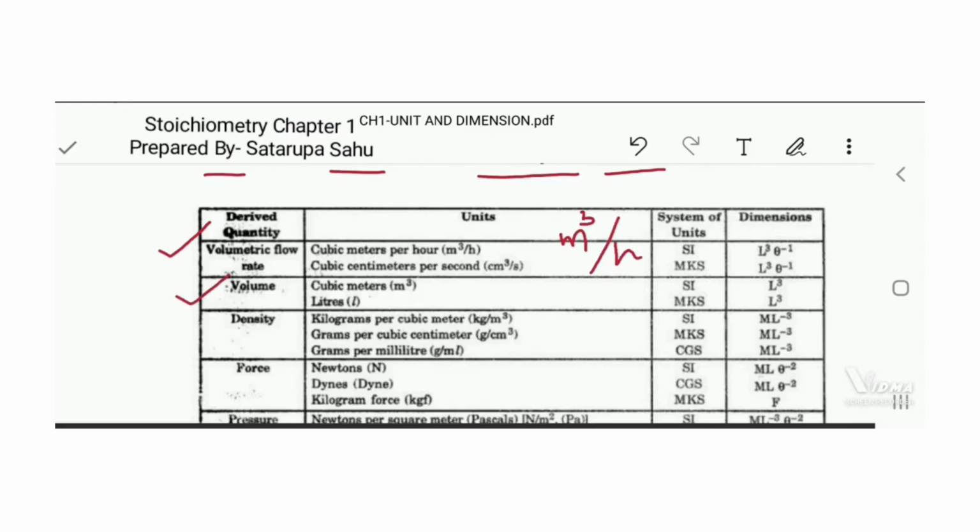Similarly for volume, the unit will be meter cube or liter. For density, the formula is weight divided by volume. The unit of weight is kg and the volume is meter cube. So kg by meter cube or gram by centimeter cube. Similarly for force, it is Newton, dyne or kilogram force.